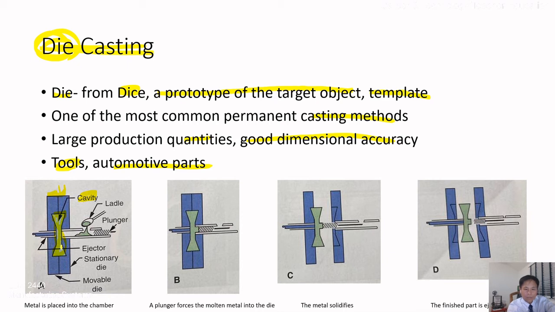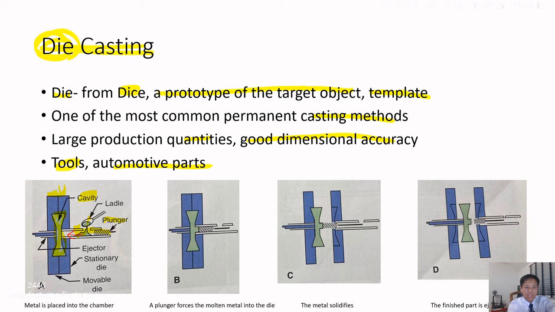That's called the cavity, and then we pour the plastic or metal into the die, and push using a plunger, pushing on this side, to create these shapes. So this is showing the process.